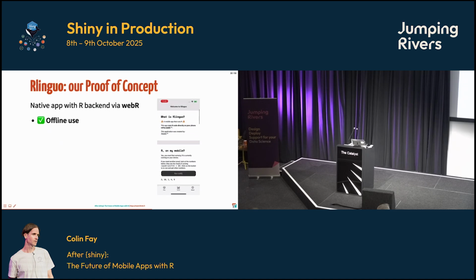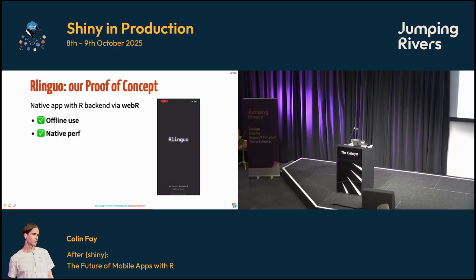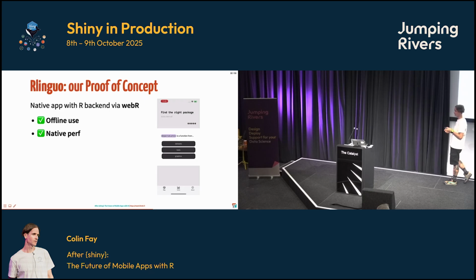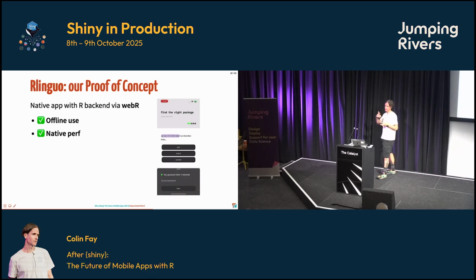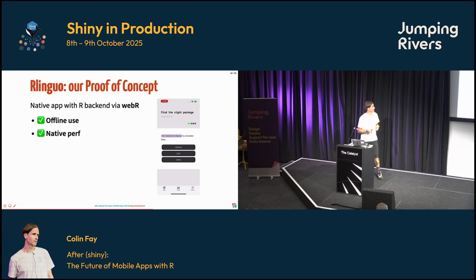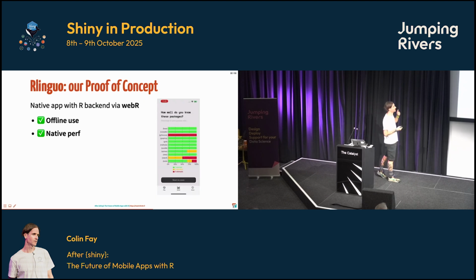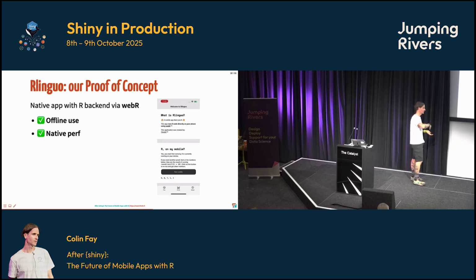It can be used offline. It has native performance, so you don't have the load time you could have with an internet-based app. So it's really fast to run, and if you open it one time, you do something else and you come back, it's still open.